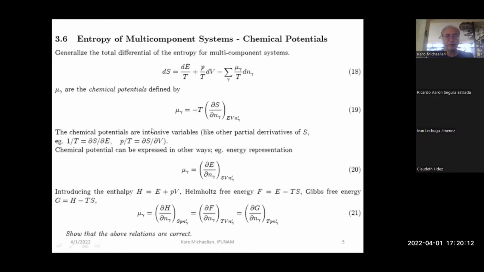So as I mentioned, chemical potentials are intensive variables. And just like the other partial derivatives of the entropy, for example 1 over the temperature, which is partial S by partial E, and the pressure over the temperature, which is partial S by partial V, this comes from the expansion of the Gibbs equation here. So the chemical potential can also be expressed in other ways.